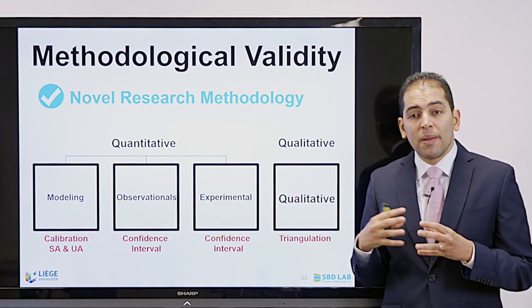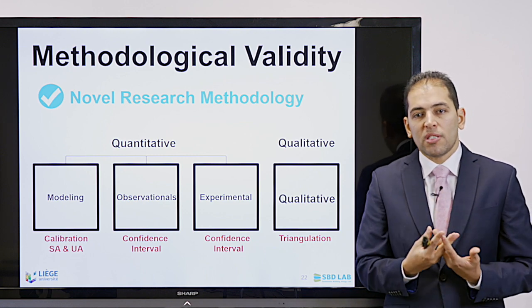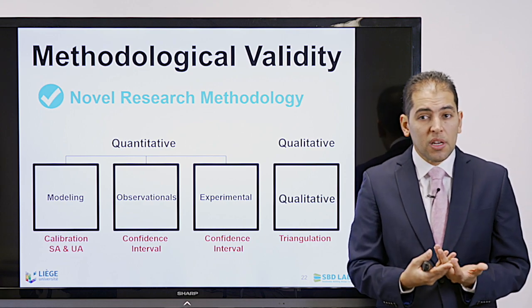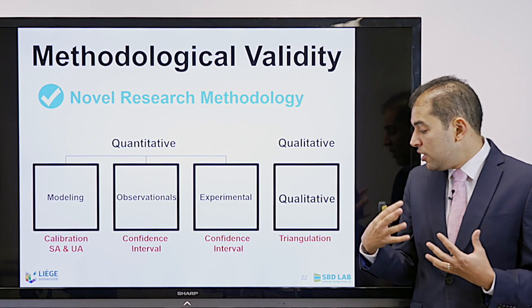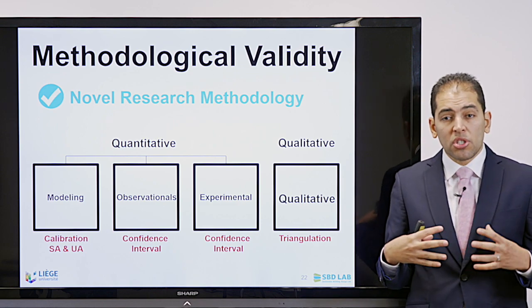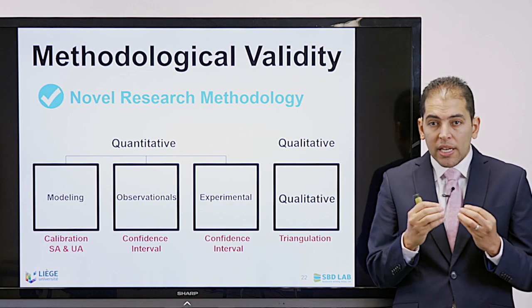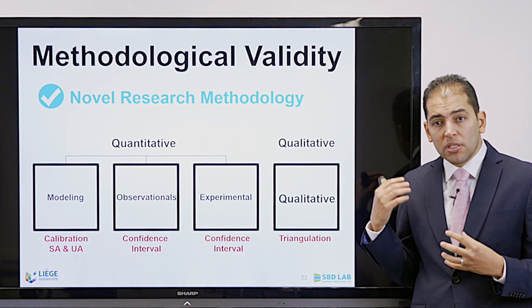If you did experimental research, the only way to validate and show that your experimental research is relevant is to calculate the confidence interval. There are enough videos I developed about that if you need to learn more. And finally, if you are doing qualitative research, the only way to show that your qualitative research is valid is that you did triangulation. There is a full video I developed about it. Don't hesitate to watch it.